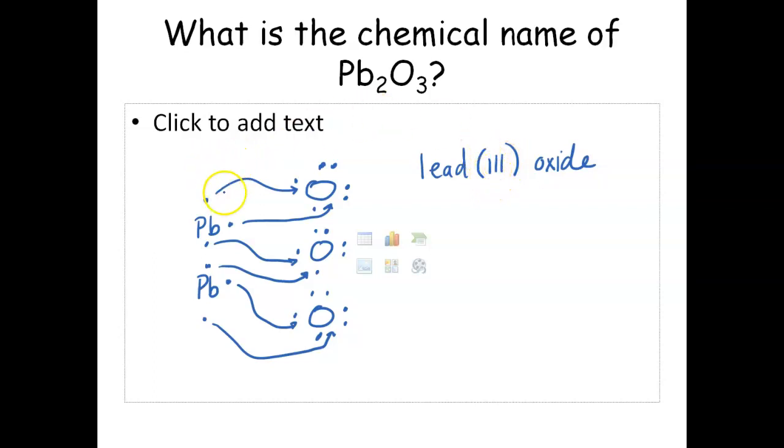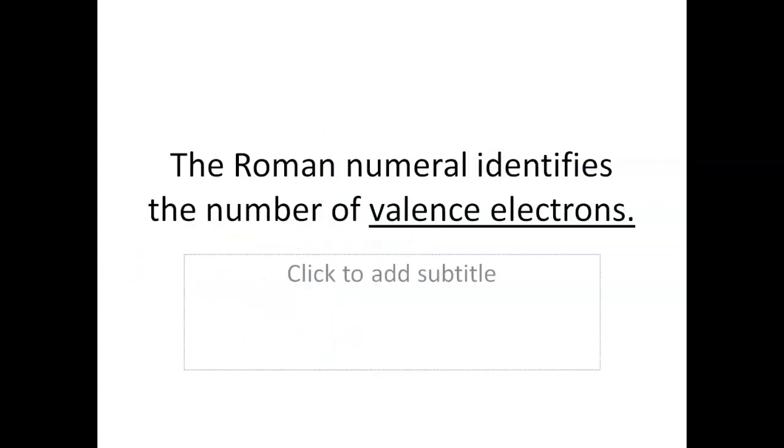Remember, those valence electrons are represented by the Roman numeral. So this is actually lead 3 because it required lead with 3 valence electrons to supply all the electrons to oxygen. So yet again, I want to just reiterate, Roman numerals identify the number of valence electrons.